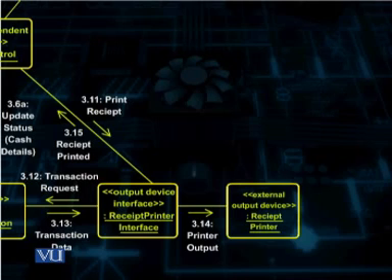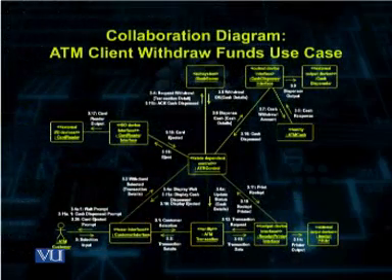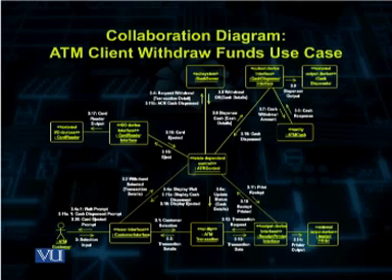You can see that this use case actually starts with the customer's selection, when the customer says yes, I want to do a withdrawal funds transaction. Then the customer provides the necessary transaction information, and that information is sent to the bank server for approval, to check that enough funds are available and that the maximum daily limit has not been exceeded.